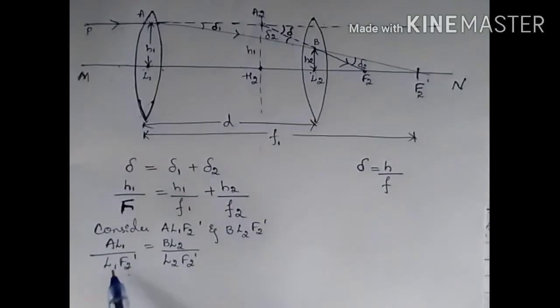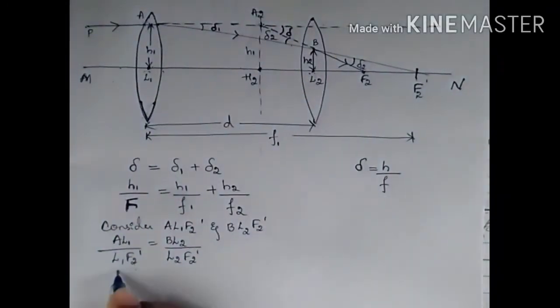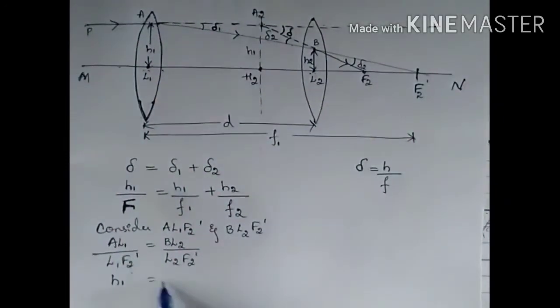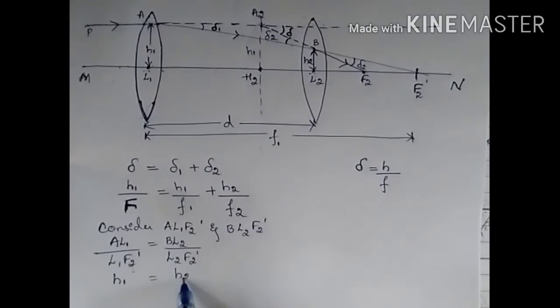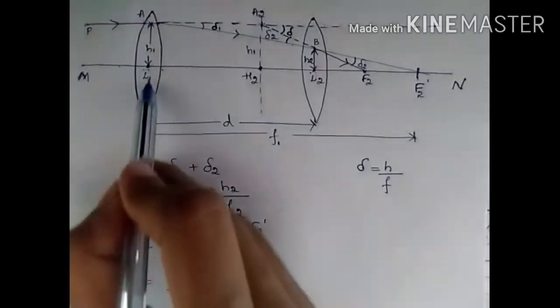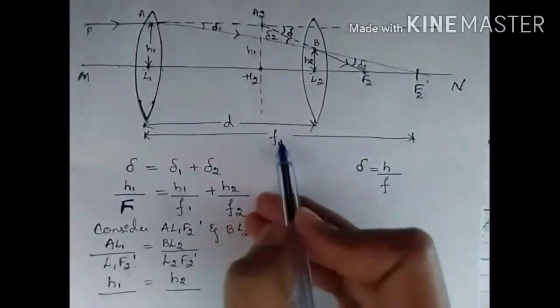So from the diagram, A L1 is h1, and B L2 is h2. Now L1 F2 prime, this overall distance, is f1.